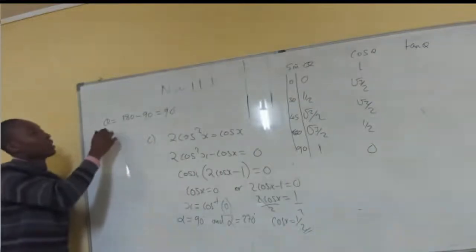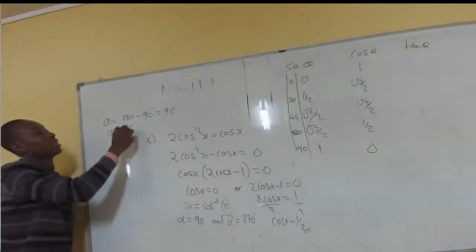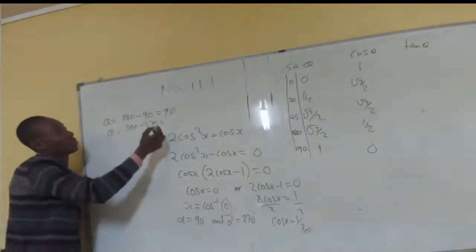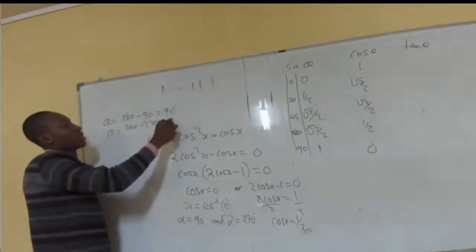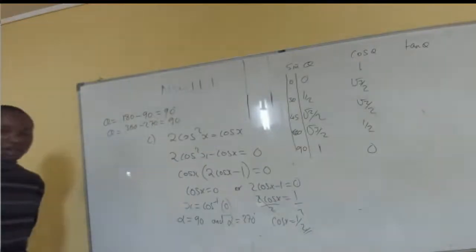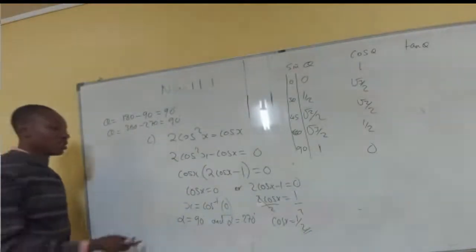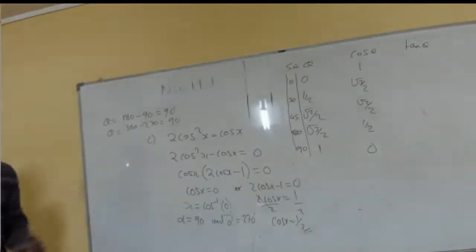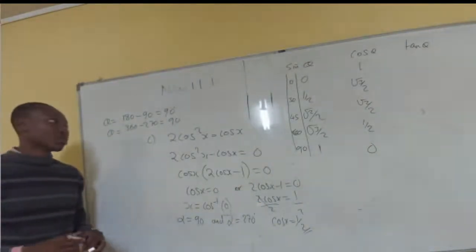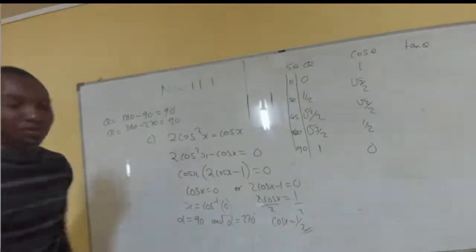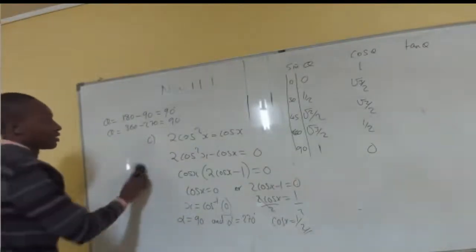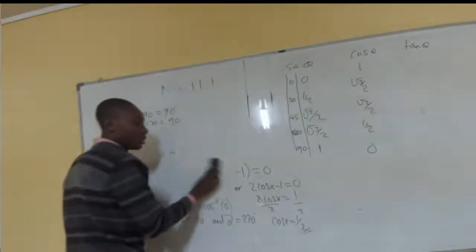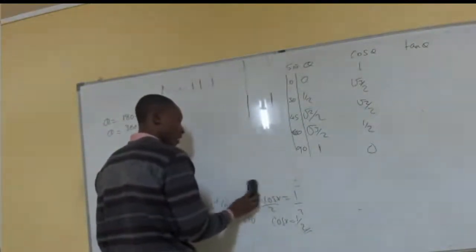Then the other theta was going to be 360 minus 270, which is still giving us the same answer as 90 degrees. So basically speaking, if you consider what cos inverse of 0 is, you notice that the answer gets back to 90 on both sides. So that's the first value we should have. Now, what is the value when we have cos x being equal to half?